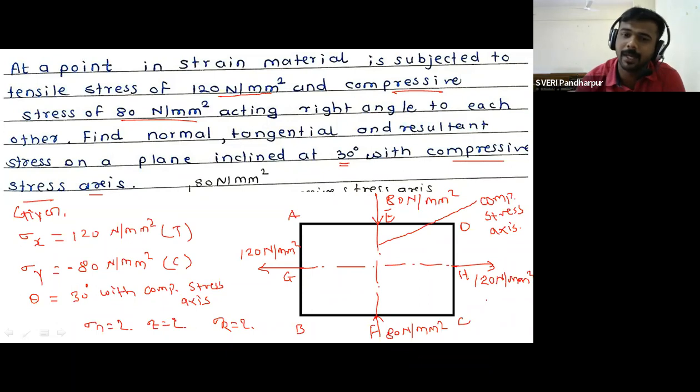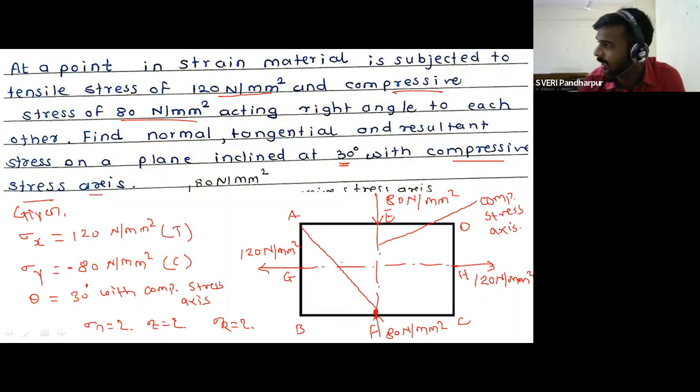It is very simple. See, if I draw the inclined plane from point A to point F, we get this. So this is point F, and what is our definition? Find out the resultant normal, tangential and resultant stress on a plane inclined at 30 degrees with the compressive stress axis.